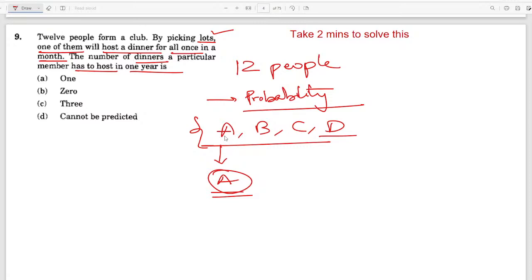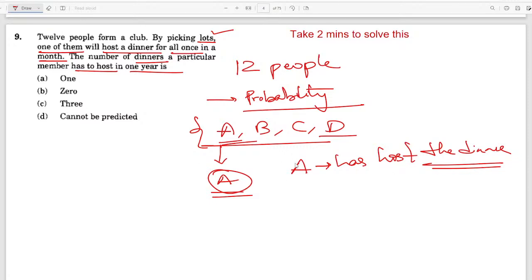When you put these A, B, C, D names in chits and you pick a name, there is a possibility that in all the 12 months, only A's name comes, and only A has to host the dinner.